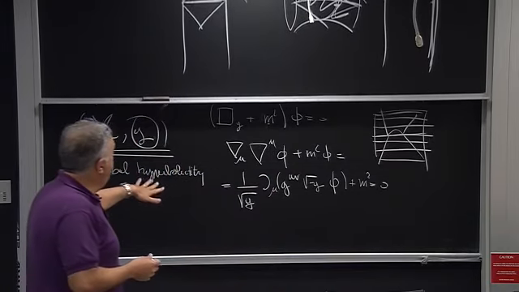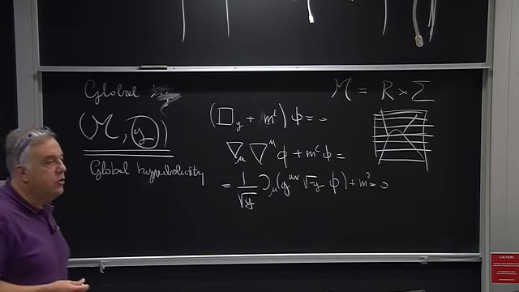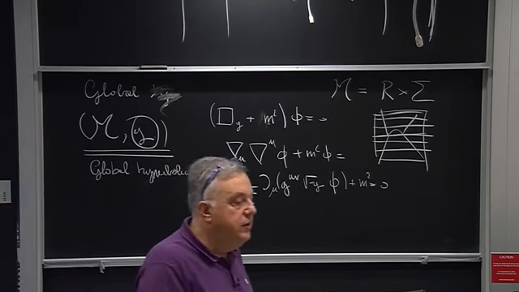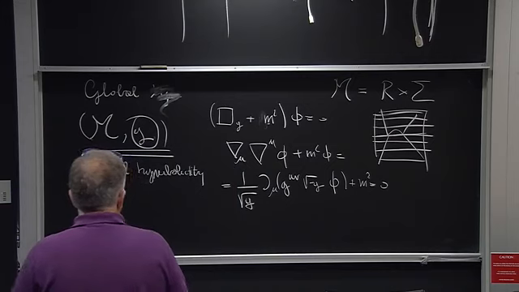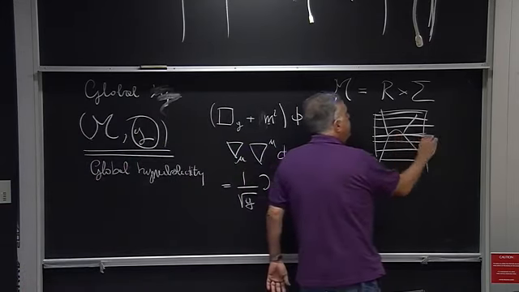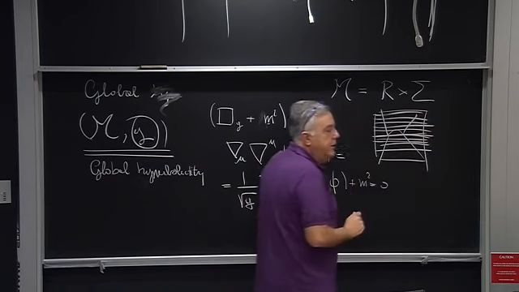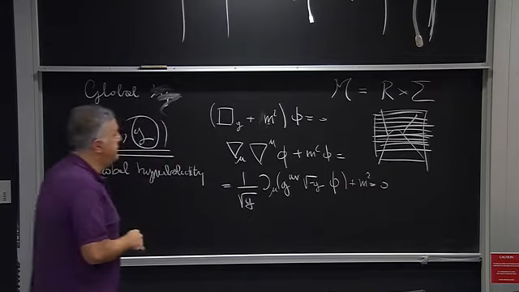The methods we are explaining in this course apply to globally hyperbolic manifolds. So global hyperbolicity means that you can foliate your manifold by hypersurfaces, which are Cauchy surfaces.